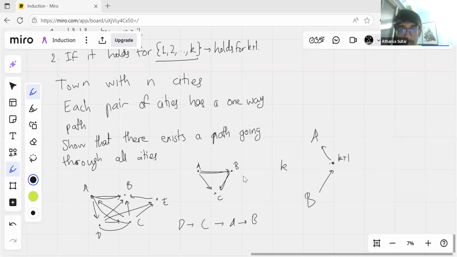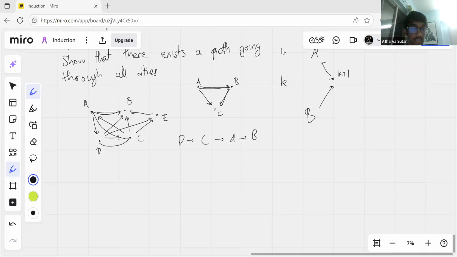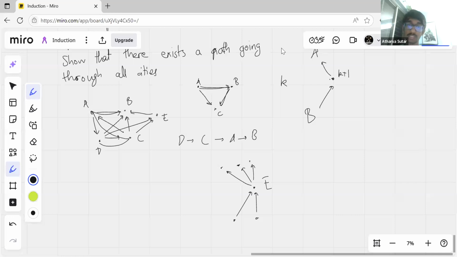Okay, so basically what we're doing is you have these cities, A, B, C, D, E, for example. Now you just take the city E outside. And now you have this group of cities such that E has a path going towards them, and this other group of cities such that they have a path going towards E. So you know that every city has a path either going towards you or coming from you.